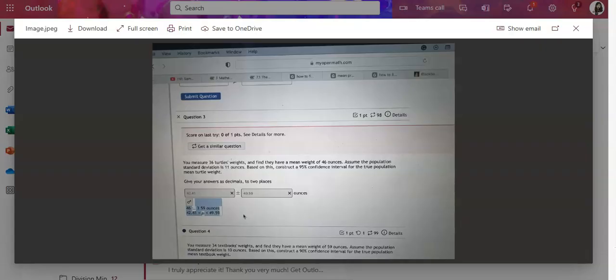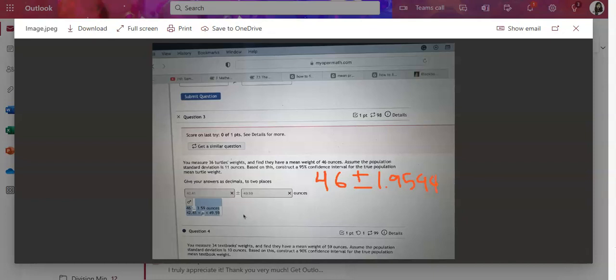All right, and then let's go back to the problem itself. I am going to turn my little draw stuff back on. All right, so we said our mean was 46, plus and minus. All right, and then our Z is 1.95996.